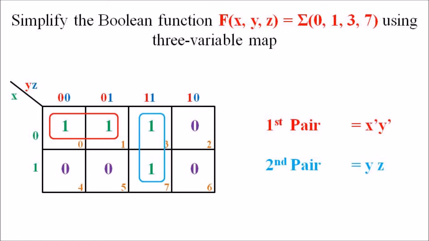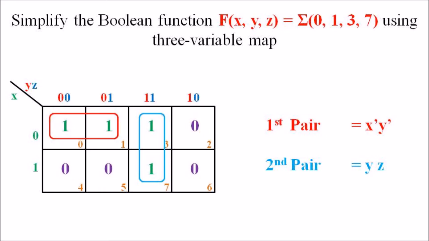We consider only the unchanged value, which is y dash. The value of z changes from 0 to 1, so z is not considered in this pair. Thus the reduced form of pair 1 is x dash y dash, because both x and y values are 0.